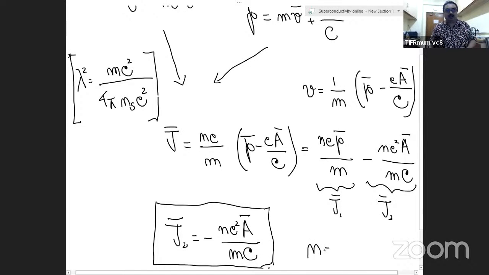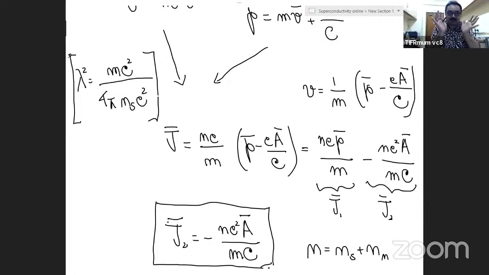So the density of electrons can be divided into the density of the superfluid and the density of the normal fluid. But J2 has this total electron density, which means that if I had only J2 in the current, then superconductivity should exist at all temperatures, because N does not change in a solid, no matter at what temperature. Electrons do not get destroyed.